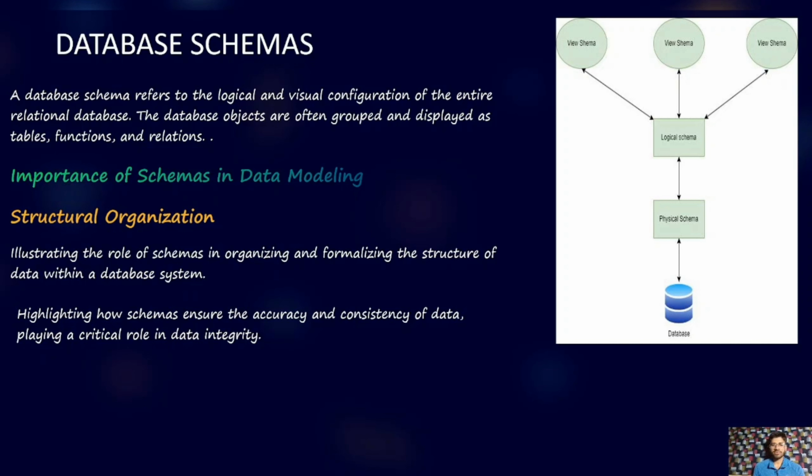So the importance of schemas in data modeling is structural organization, the role of schemas in organizing and formalizing the structure of data within a database system, and highlighting how schemas ensure the accuracy and consistency of data by playing a critical role in data integrity.